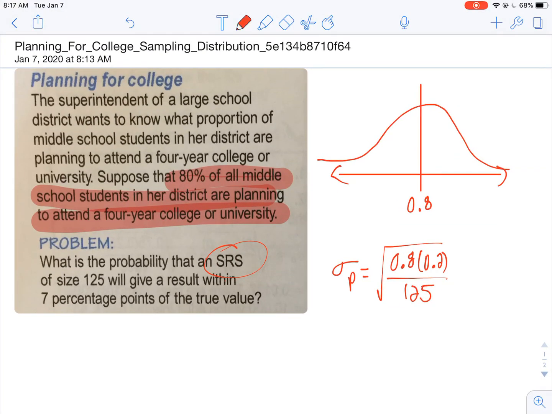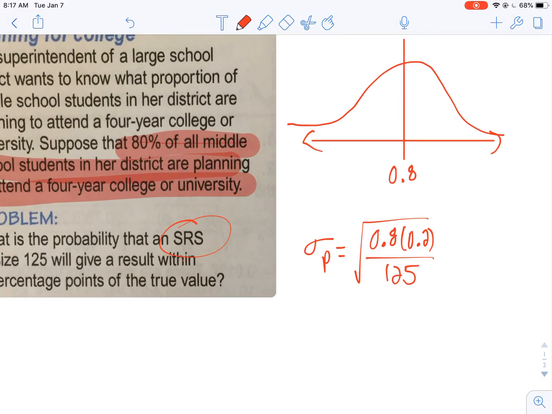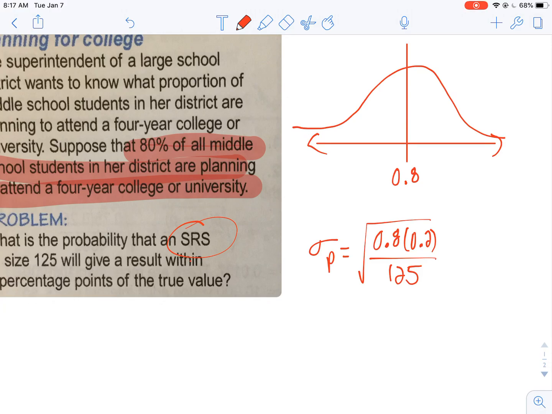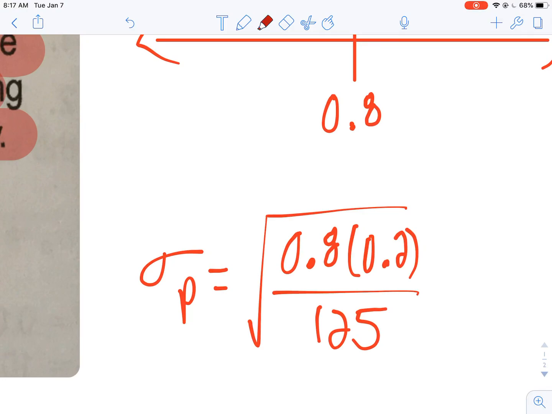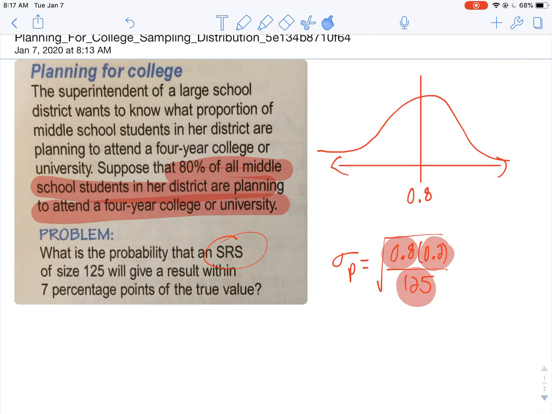Now I have to figure out my standard deviation. And you notice I have the formula here for a standard deviation of a sampling distribution based on proportions. I take the probability of success, or that statistic, times the probability of failure, all over the size of your sample, and then find the square root. So you'll notice I already plugged it into the formula here.